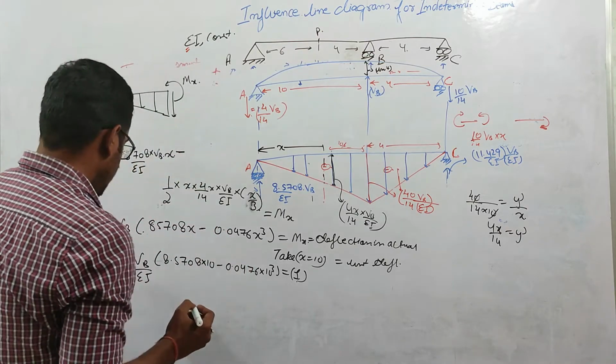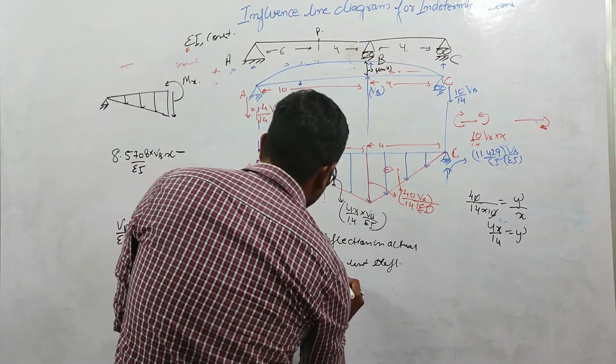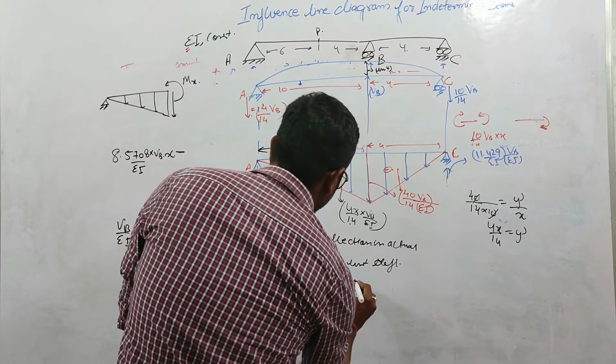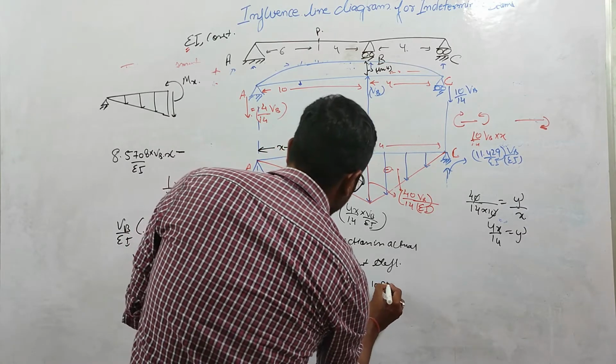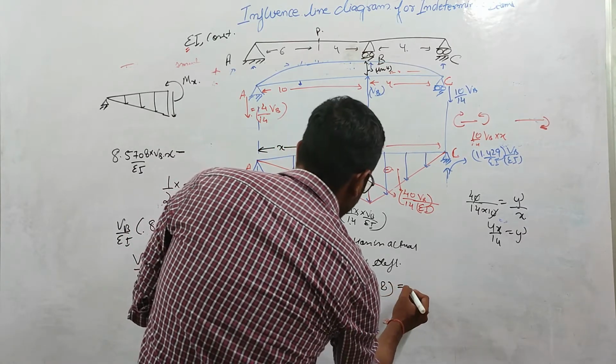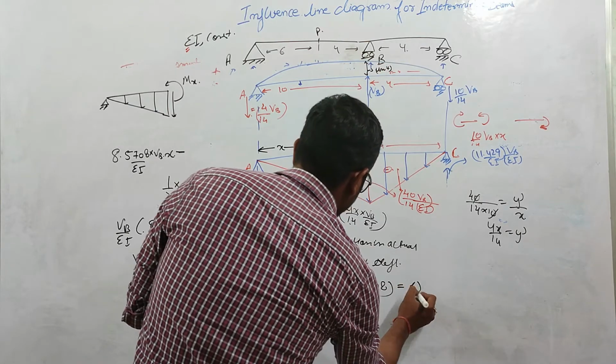the value comes out to be VB over EI into 38.108, and this is equal to unity.